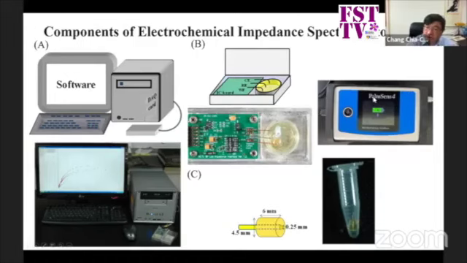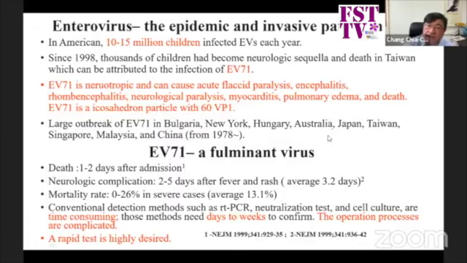So we changed our system to a commercially available potentiostat, and even using our homemade electrode, we can still get some good results. At the beginning, we tested the enterovirus as an example.